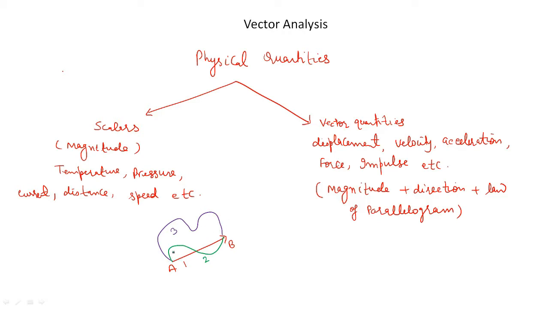Here you can see that the distances for all three paths are different, but the displacement of all the three paths is the same. So you can understand the difference between the scalar and vector quantities through this diagram. Here you see that distance is a scalar quantity and displacement is a vector quantity.